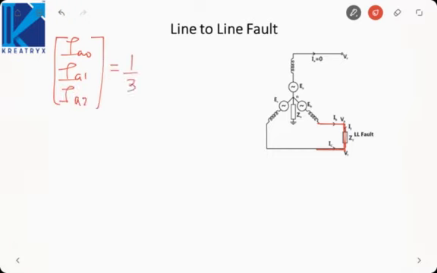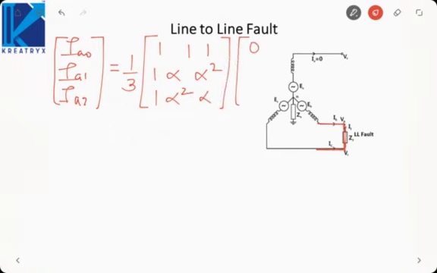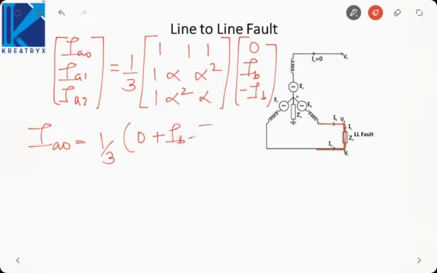This will be equal to 1 by 3 times the matrix 1, 1, 1; 1, alpha, alpha square; 1, alpha square, alpha, multiplied by IA, which is 0, IB, and IC, which is minus IB. If we calculate IA0, it will be 1 by 3 times 0 plus IB minus IB, which is equal to 0.